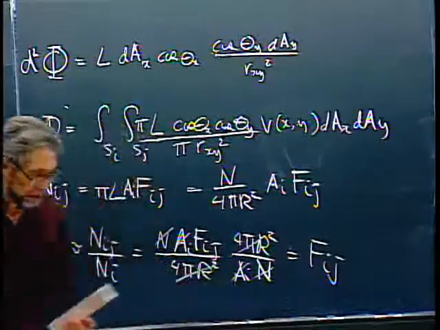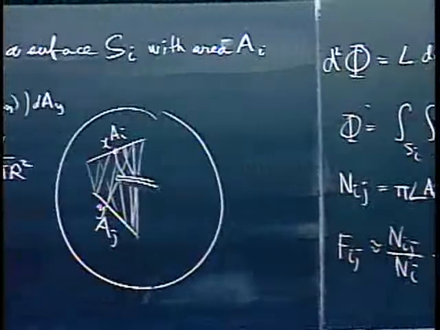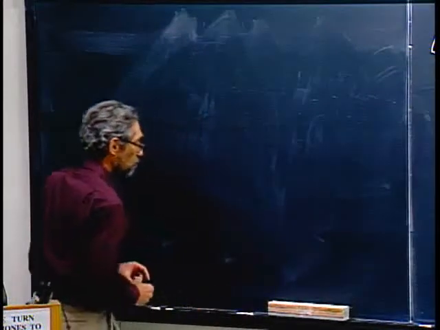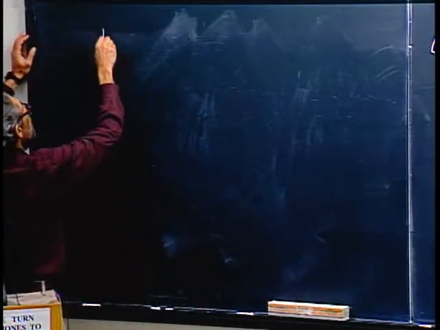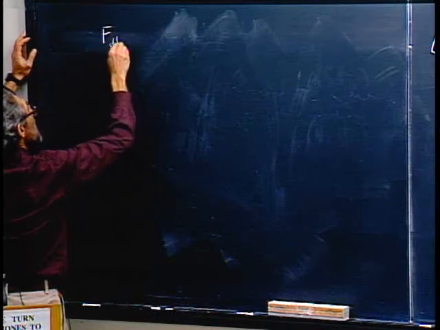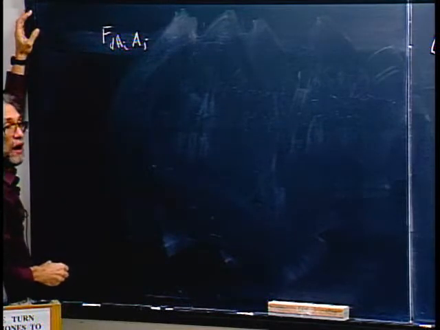algorithm, which is another way of estimating form factors, but it's really going to estimate a differential form factor. It's basically a form factor, we say dA_i A_j, where dA_i is supposed to be a differential area.